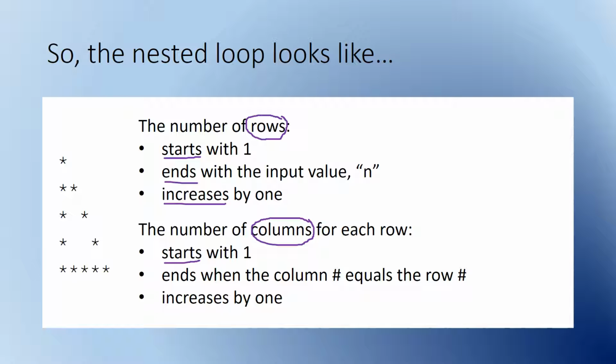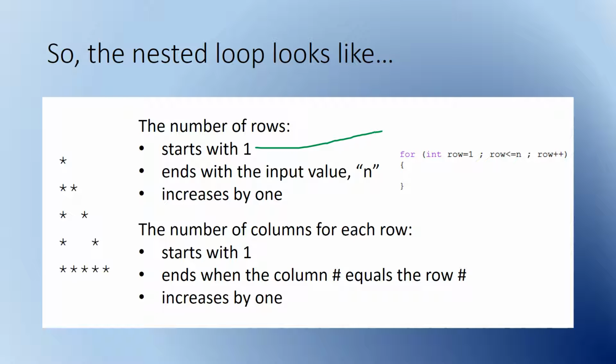We have this information now, so we can actually build the loops. Start with row 1. End when you get to row n, so keep going as long as row is less than or equal to n, and increase your rows one at a time. Don't skip any.